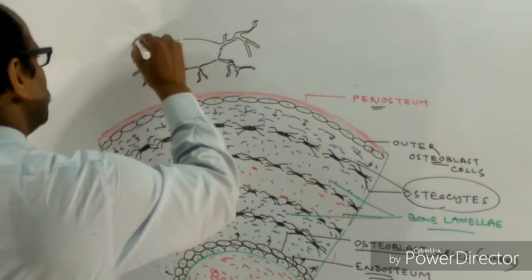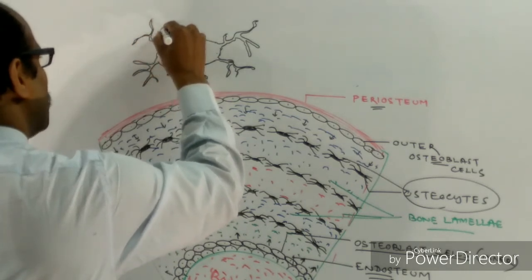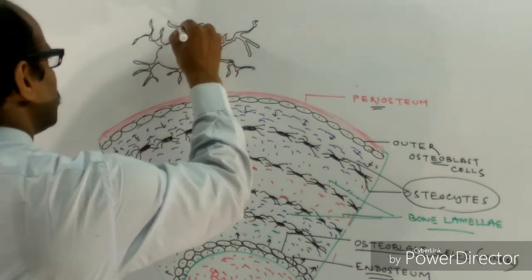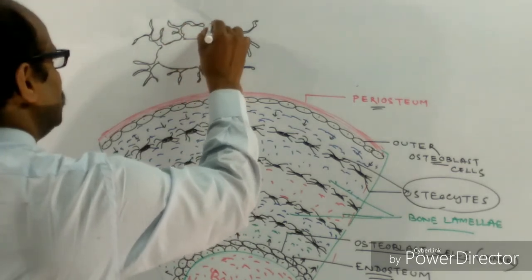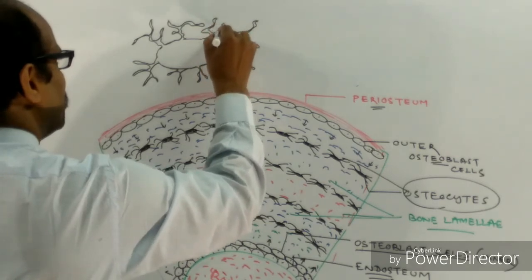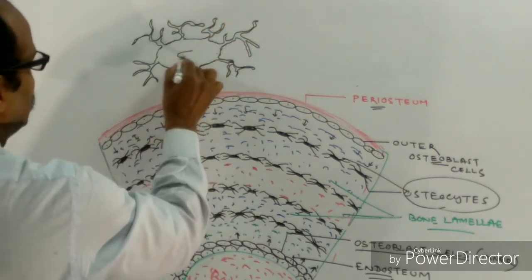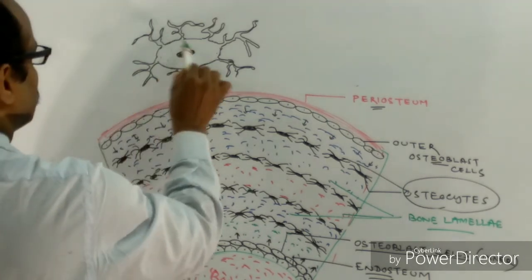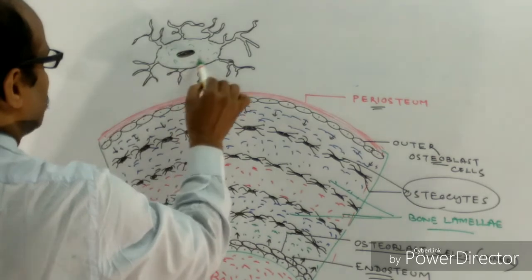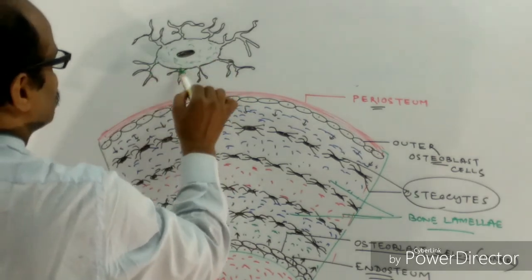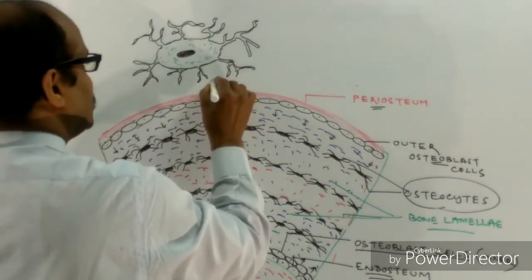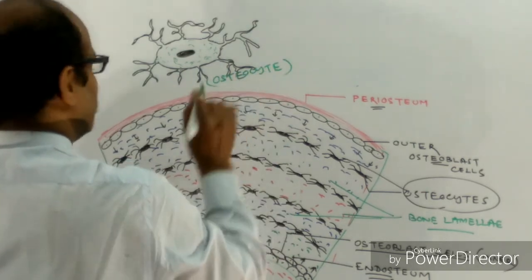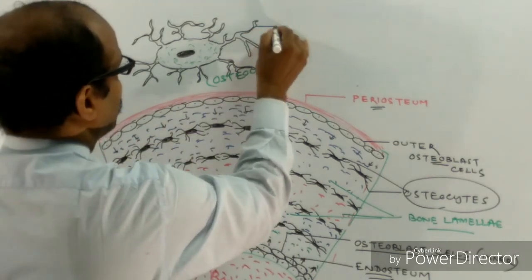So this is the canaliculi, the cytoplasmic processes or protoplasmic processes of the bone. This is known as the canaliculi, and it has a rounded large nucleus, and this is the cytoplasm. This is the mature osteocyte cell, the osteocyte cell having the canaliculi.